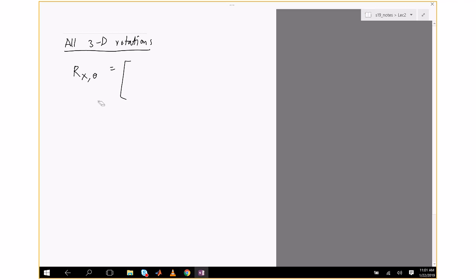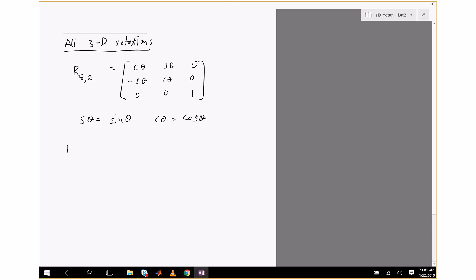So let me write z first, because that's the one I wrote down. So that will be c theta, minus s theta, 0; s theta, c theta, 0; 0, 0, 1, where s theta is sine of theta, c theta is cosine of theta.